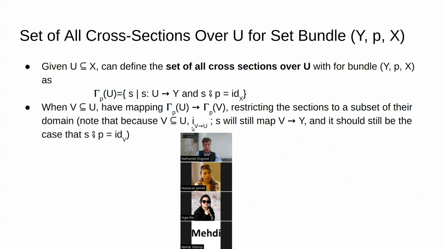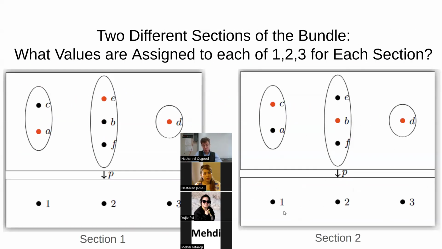If we know the section over U, that's 1, 2, where 1 is C and 2 is B, we can restrict it down to the section over 1. Well, 1 is C, right?